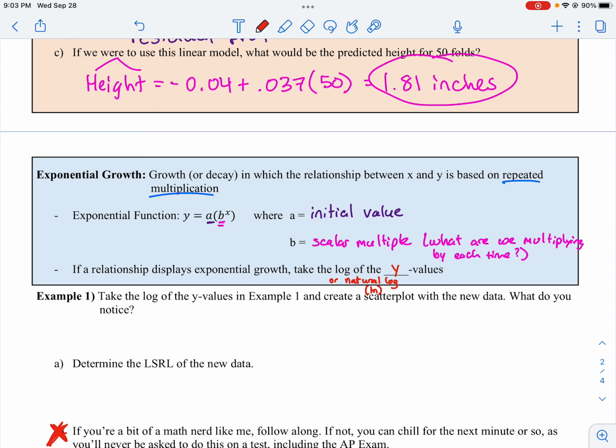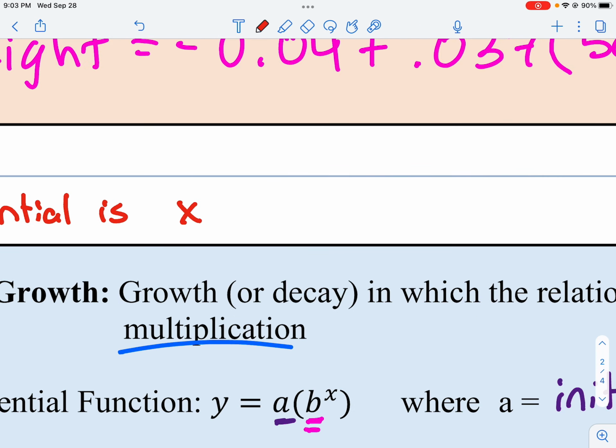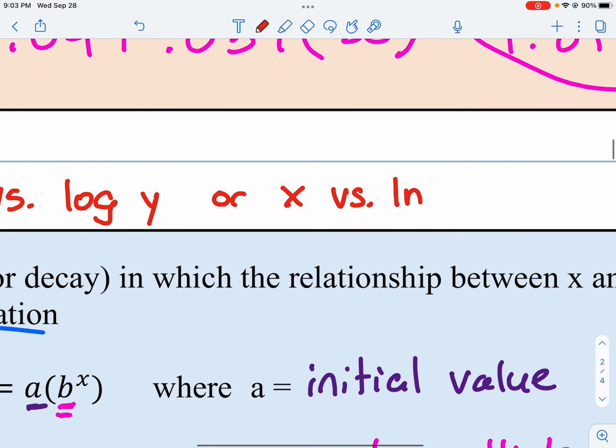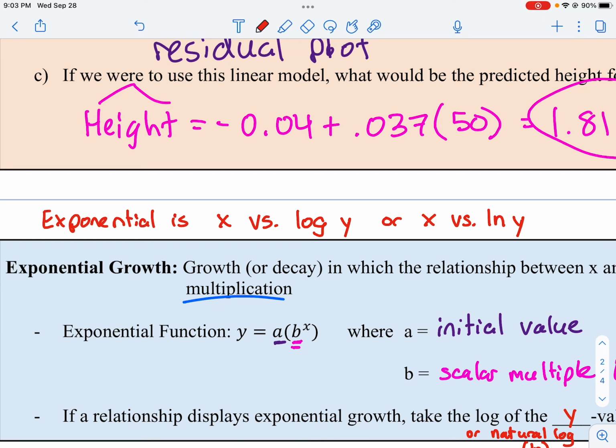Another way this is said is that for exponential growth, we plot x versus log of y, or x versus the natural log of y. That's some phrasing that they use.